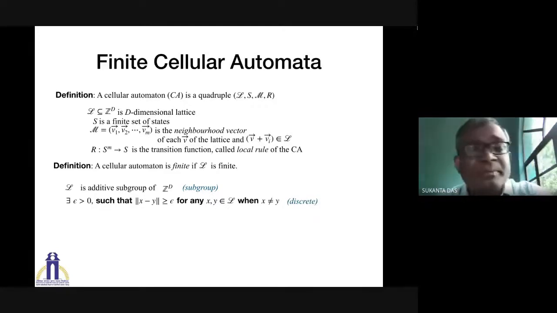To be a lattice, one is the subgroup property: L is to be an additive subgroup of Z to the power d. And the second point, as usual, is discreteness. Since I'm defining a cellular automaton, and the first component is the lattice, it is to be finite and it is to be a lattice. So both the properties are to be satisfied.